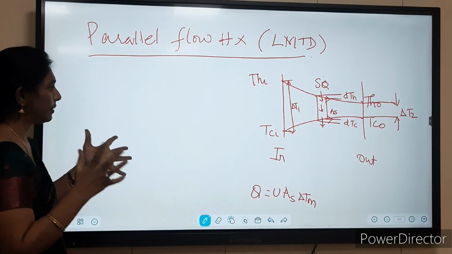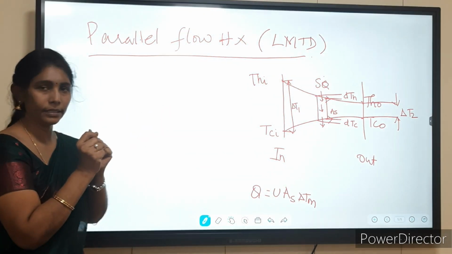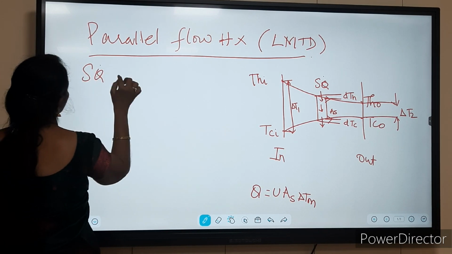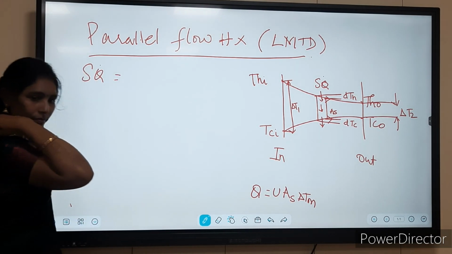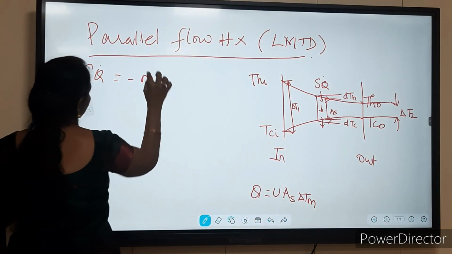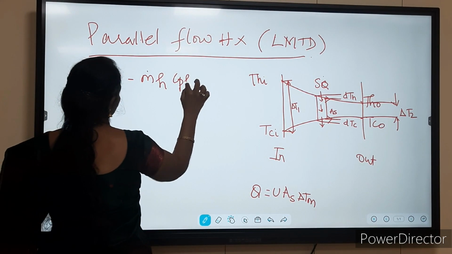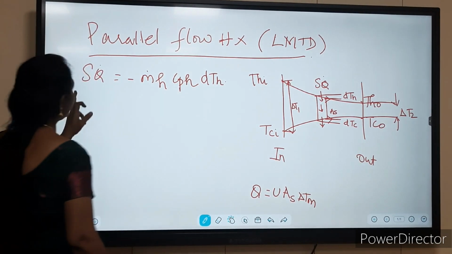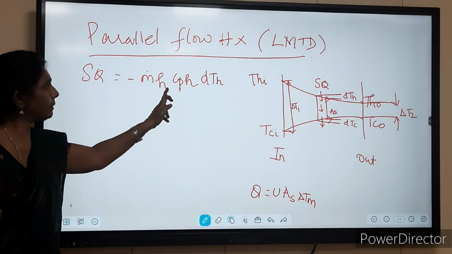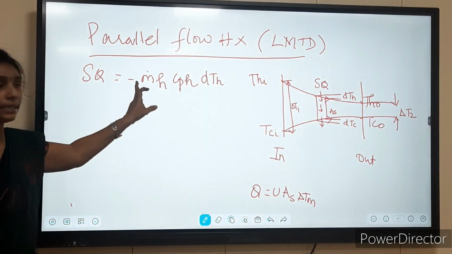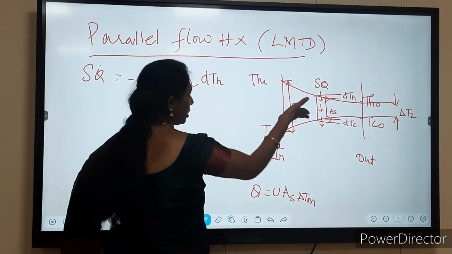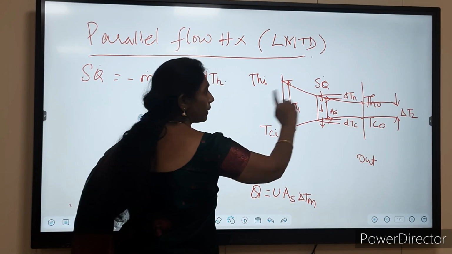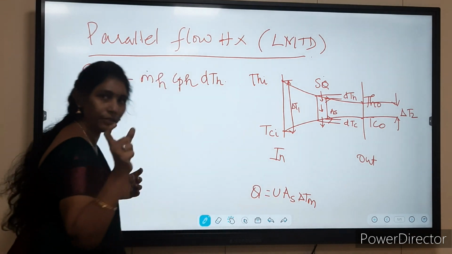Okay, now finding out the heat transfer for the small section. Right? So del Q is minus mH CPH DTH. Why it is minus, I will tell you. Heat is lost by the hot fluid. So obviously the outer one will be lesser than the inner one. So TH out minus TH in will be negative.